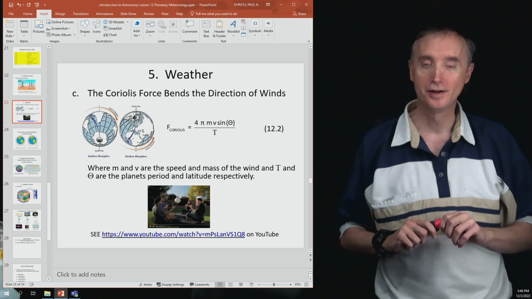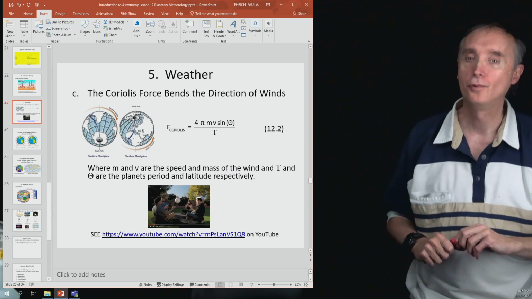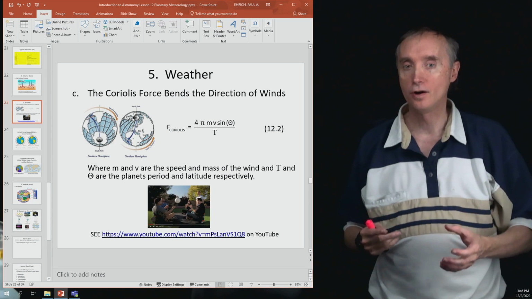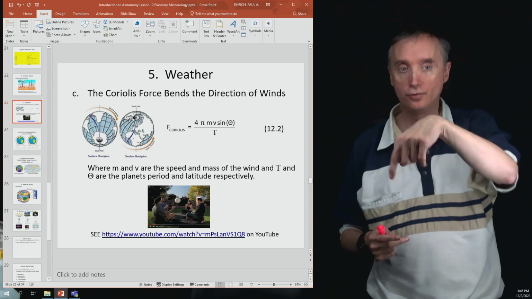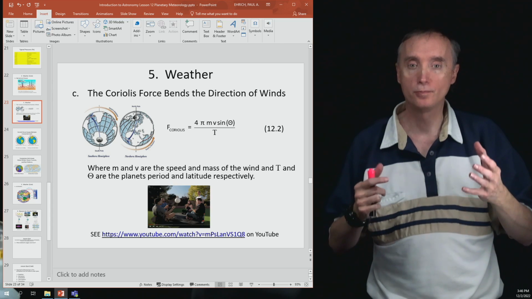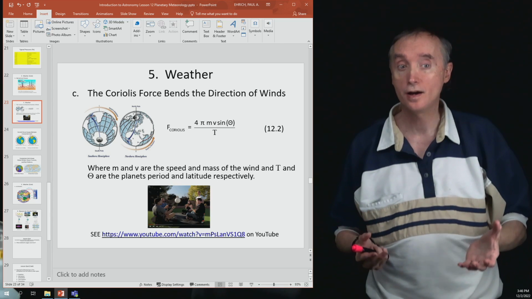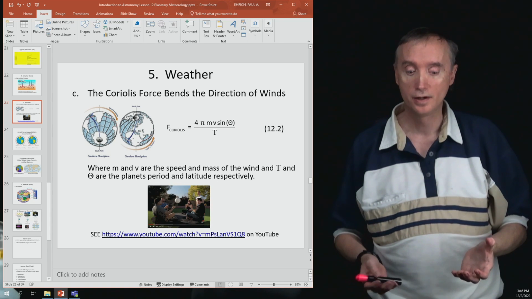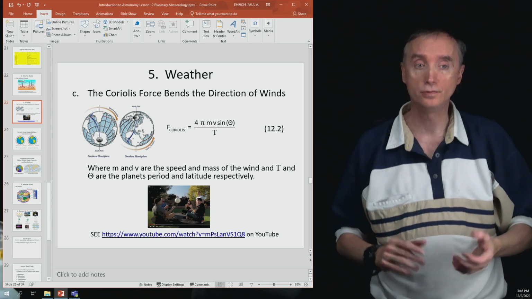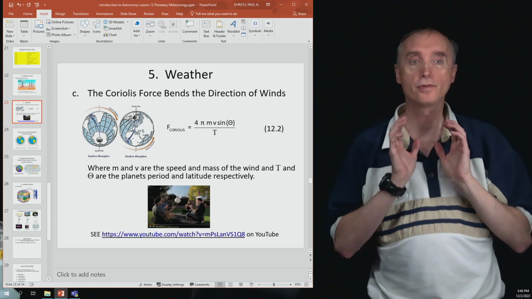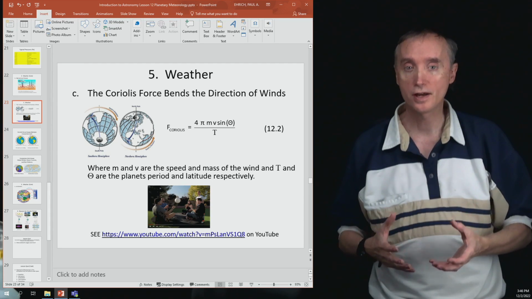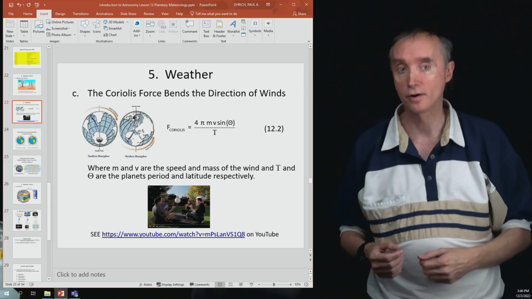Okay, got it? So what you should have seen was that there were some teenagers on a rotating platform, and if the platform was not rotating, the woman in the video could have taken the ball and thrown it directly across the platform to her partner.